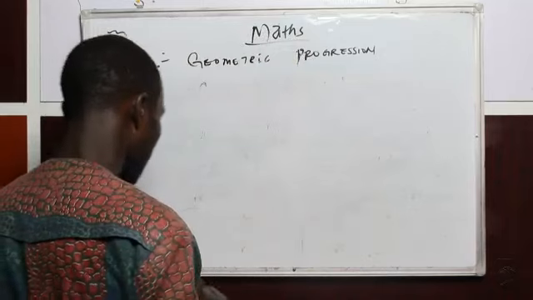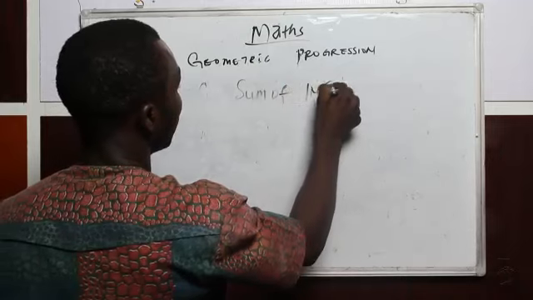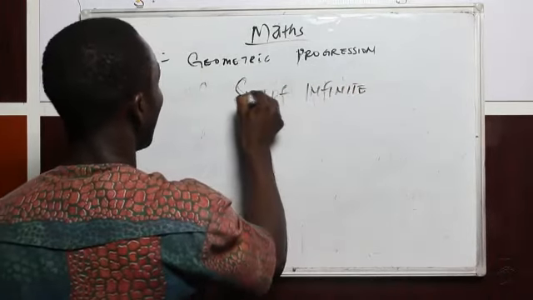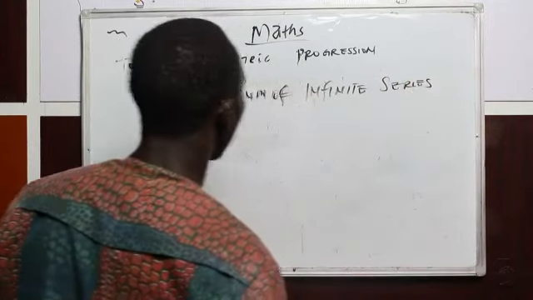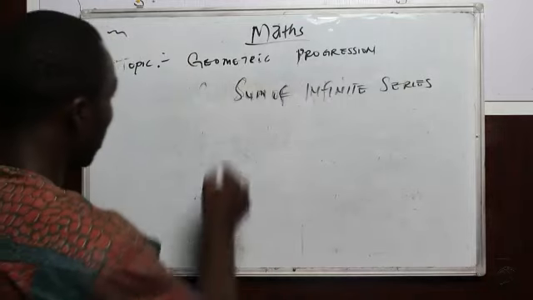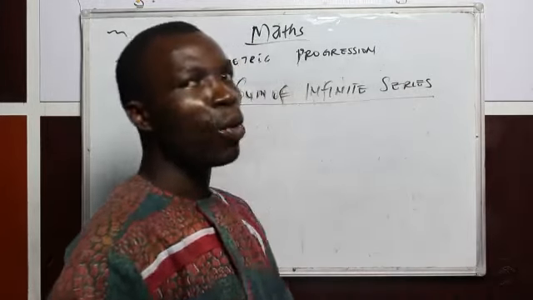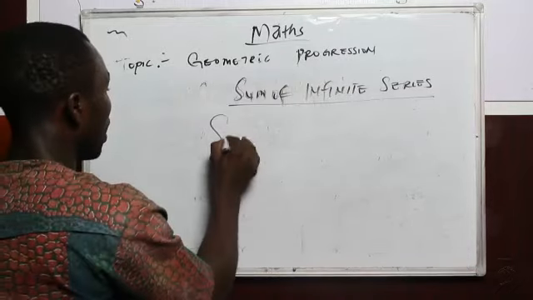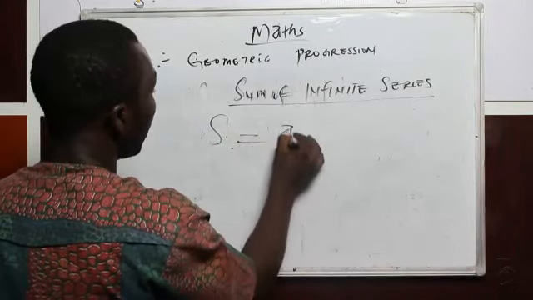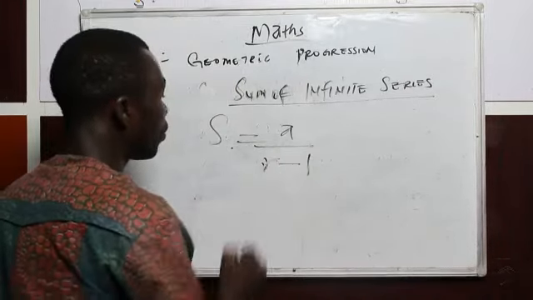Sum of infinite series. There are formulas by which we can find the sum of infinite series, and the formula is S-infinity is denoted by A over R minus 1.